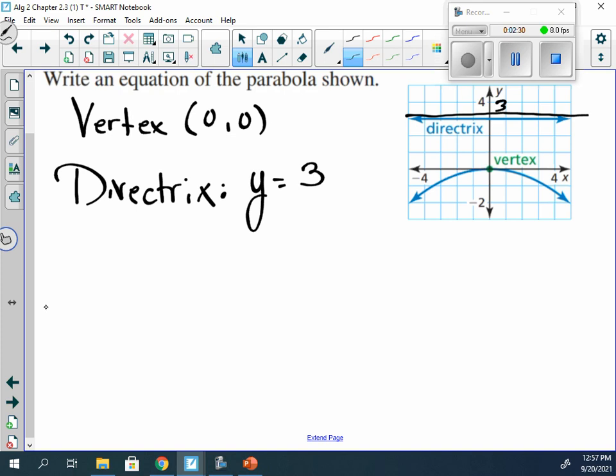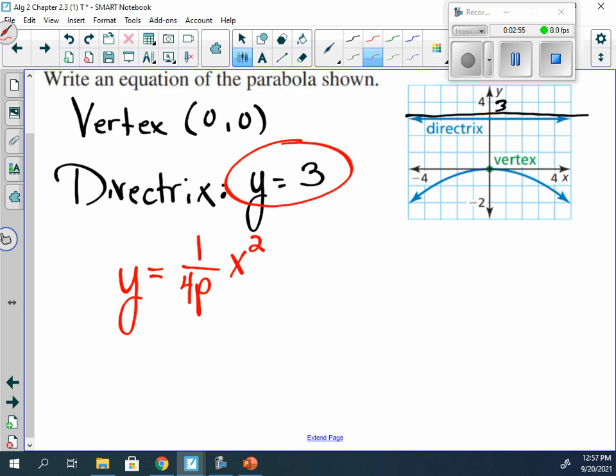Now it's figuring out which general equation we would be using. Are we going to use x equals 1 over 4p times y squared, or y equals 1 over 4p times x squared? What do y'all think? Why would we say y equals? The directrix says y equals 3. If we look at the two general forms, the directrix for y equals 1 over 4p times x squared is y equals negative p.